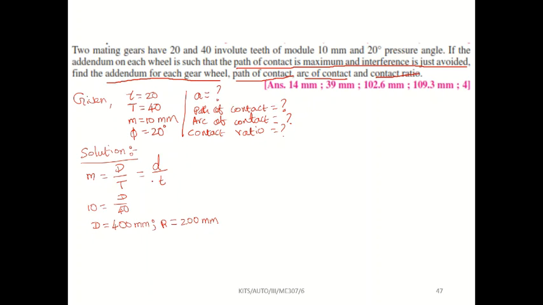So once again m equal to d by t, that is... so we got a capital R value and a small r value. Then what else we need? We need the value of cos phi.